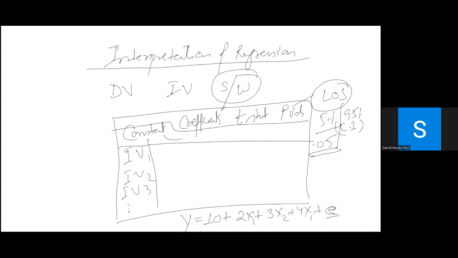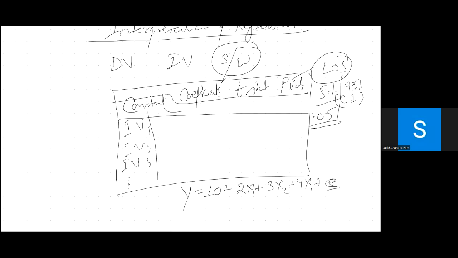So you will see this 10 is nothing but the constant coefficient, this 2 is the coefficient of the x1 variable, this 3 is the coefficient of IV2, and this 4 is the coefficient of IV3.